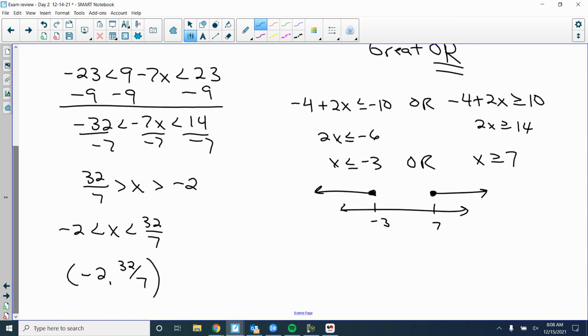Now, it says interval notation, so you would do -infinity to -3, bracket, union, 7 to infinity. All right, typically with the less than, they're going to overlap, and you're going to get an interval, or they're going to be going in opposite directions. Okay, that's typical.